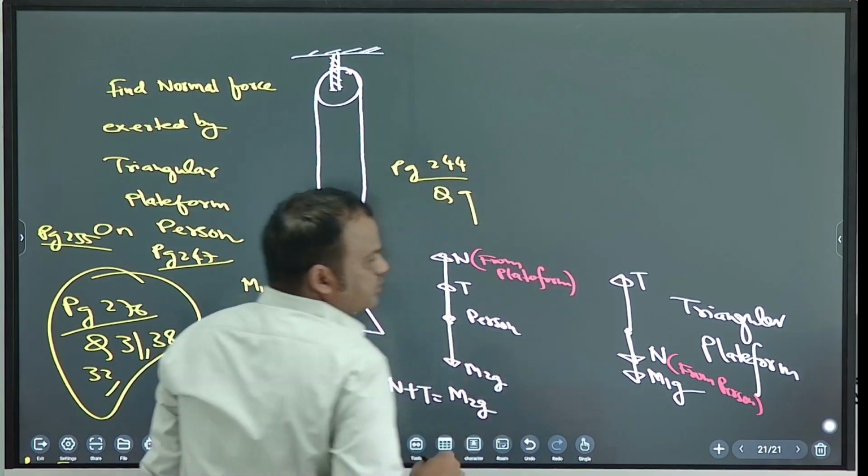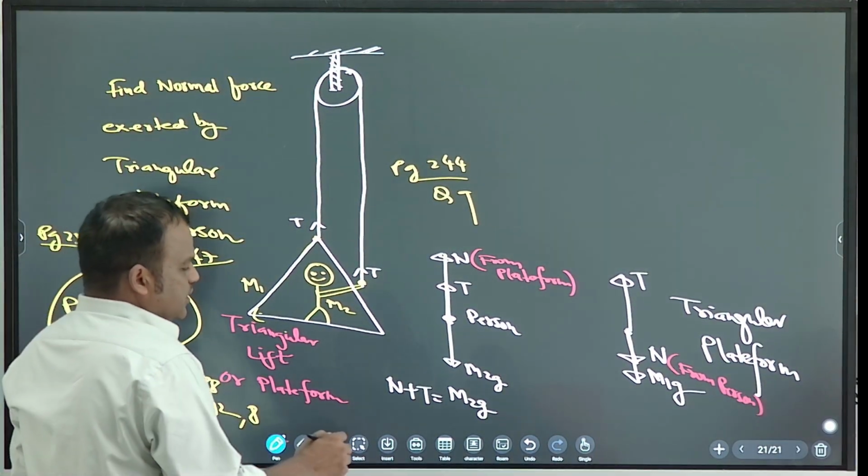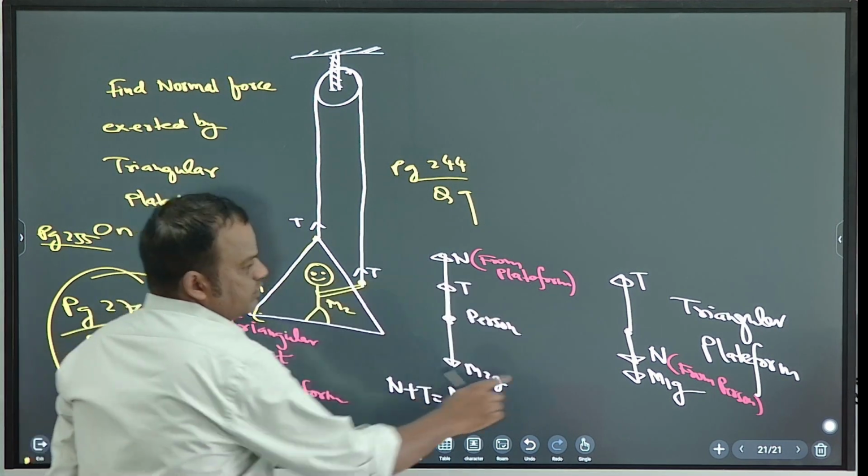Okay, clear. So T you also find. What is T here?